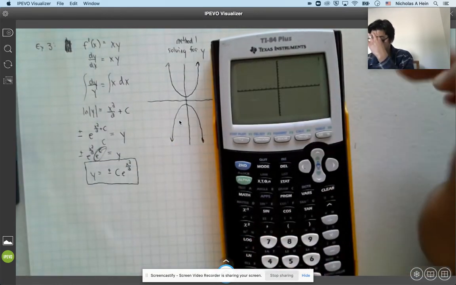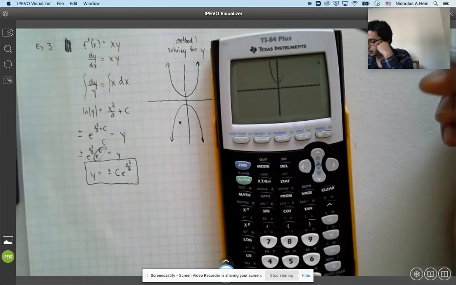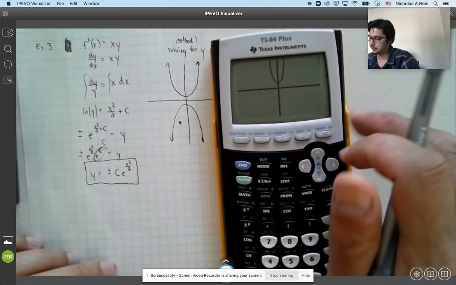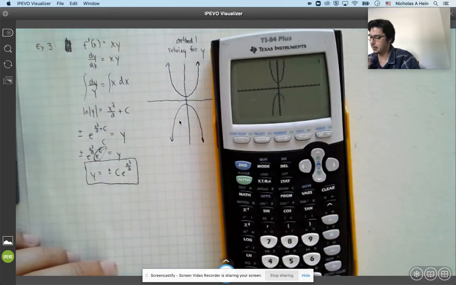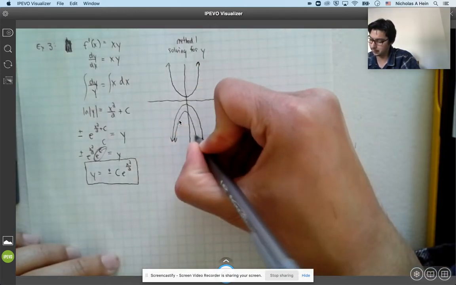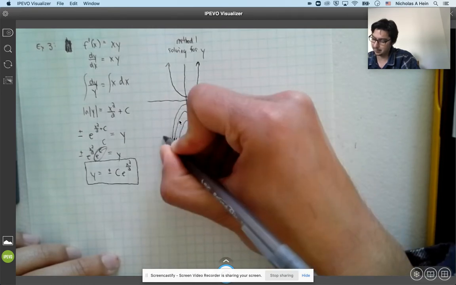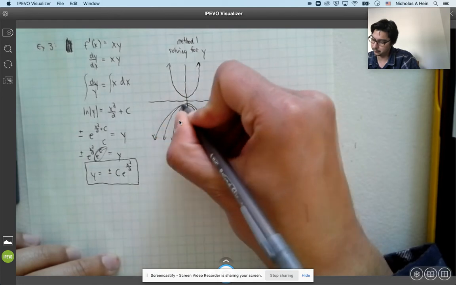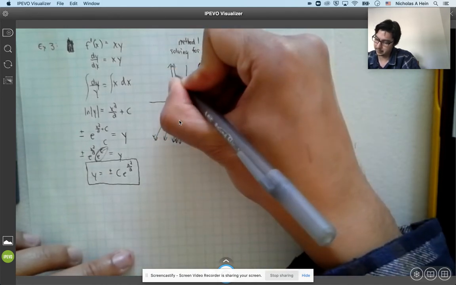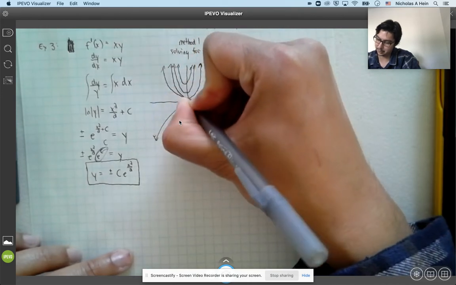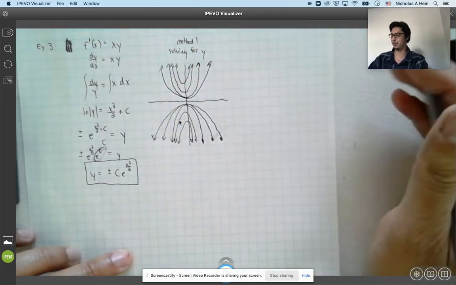So 2 looks like it's just getting skinnier. Okay, so maybe it looks like this, where then I guess fractions would make it get wider. Similar up here. But that looks a bit messy, but those are all your possible solutions. That last one was bad.